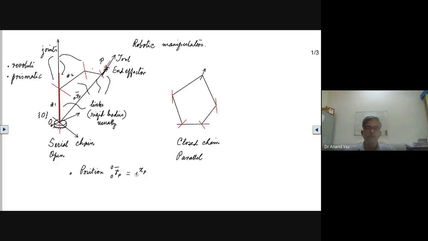So these are the components of this vector. See, they are scalars. So these are the components. And we represent it as a column array, so a 3 by 1 matrix.